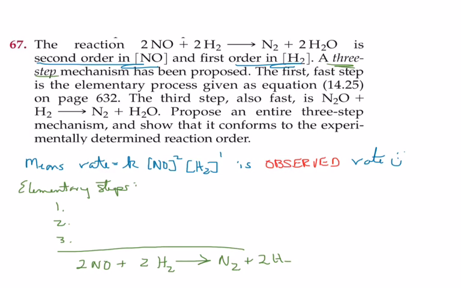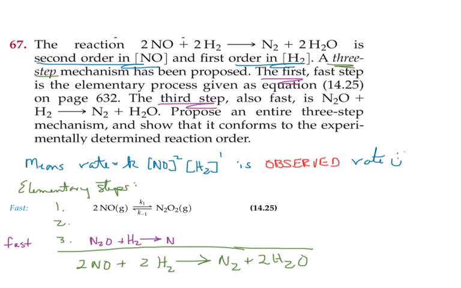So there's the reaction of interest, three elementary steps. If you look up 14.25, you'll get that thing that's typed there. It tells you what the last fast step is. The second step is slow. And so the second step is actually what's driving your observed rate.